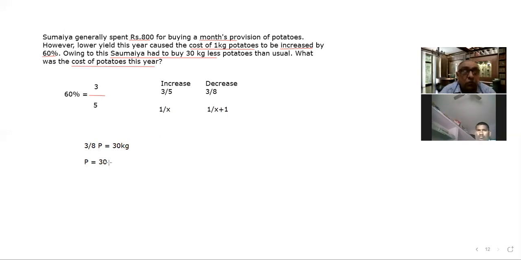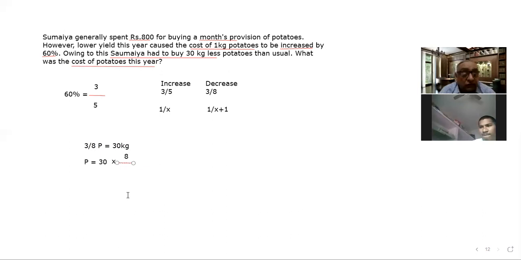So P would be equal to 30 into 8 upon 3.